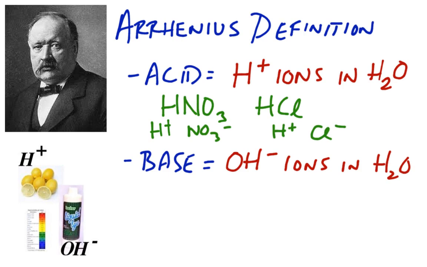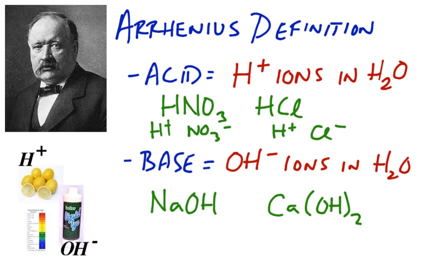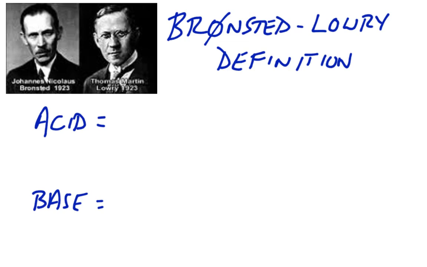A base, therefore, must contain hydroxide, like NaOH or Ca(OH)2. These would produce hydroxide ions when placed in the water because they would dissociate and break apart. Arrhenius' definition worked very well for identifying common acids and bases due to the presence of those ions.